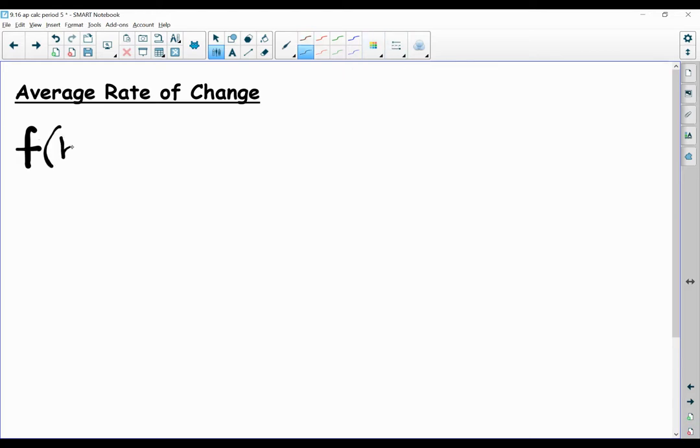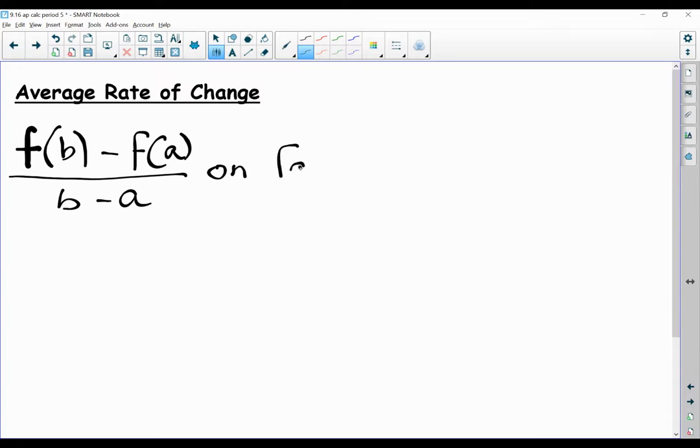We're going to go change in the values of a function over the change in the interval or the length of the domain. So you can remember this is just the y values or the heights, the change in height over the change in length, on the interval a to b.